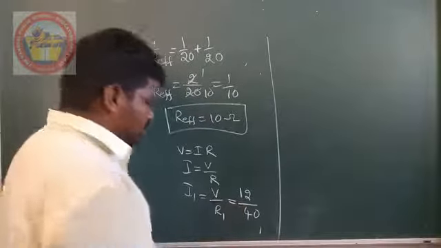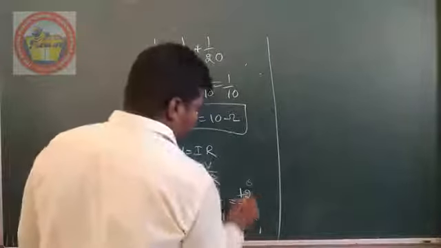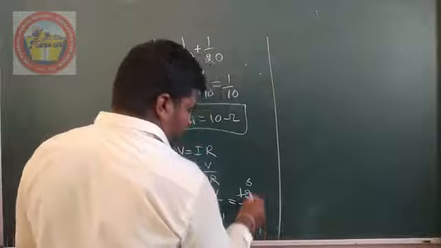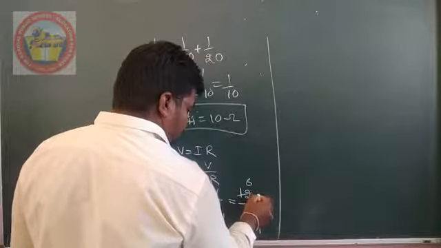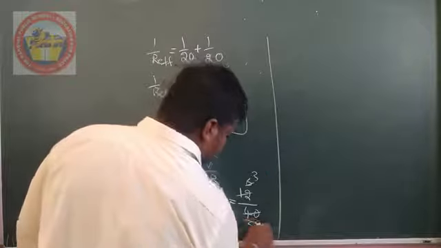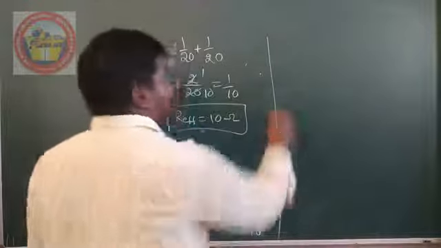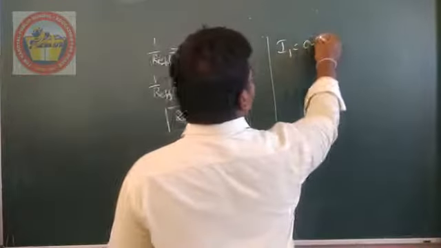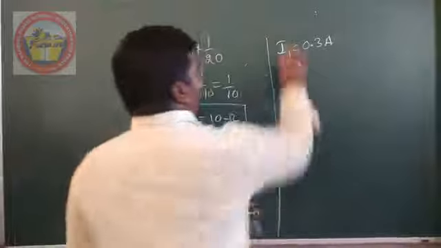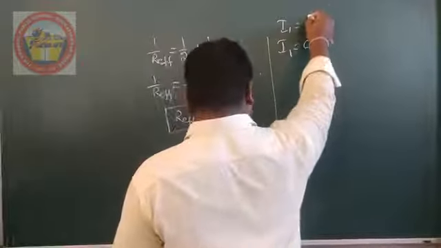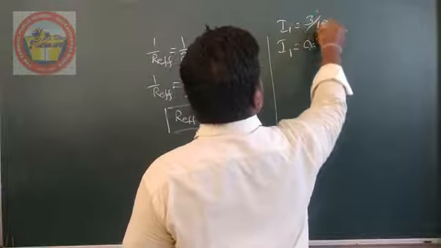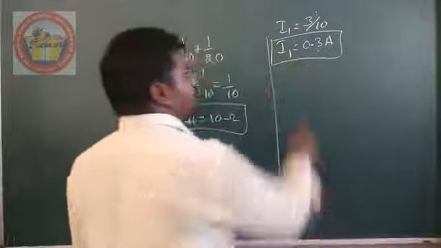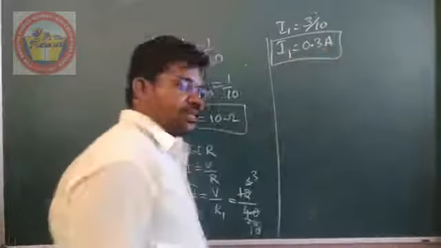12 by 40. Two 3s are 6, two 10s are 20, so I1 is equal to 3 by 10, which is 0.3 amperes.